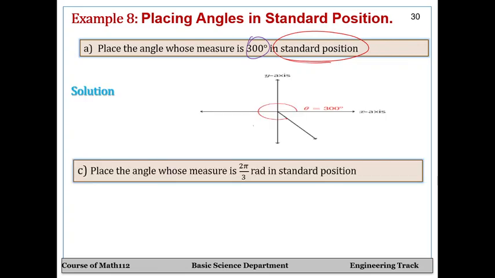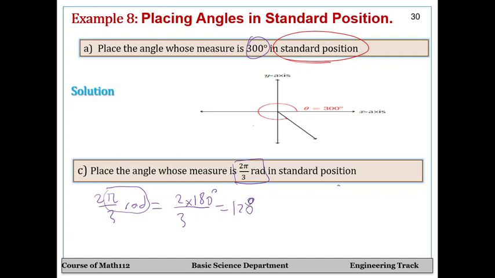Now, the other question here is place the angle whose measure is 2 pi over 3 radian in standard position. Okay, it will be hard to do things with the radian, so it's better we change it to degrees. 2 pi over 3 radian is equal to how many degrees? Pi radian is 180 degrees, so I can multiply 2 times 180 degrees divided by 3, so it will be 120 degrees.